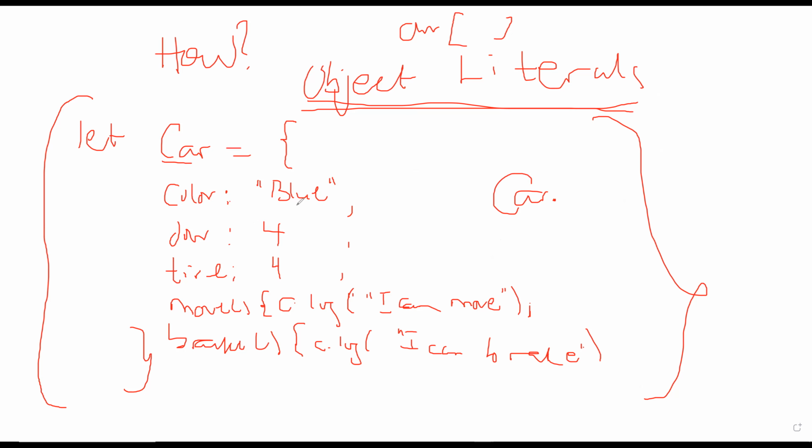If I want to call out the value of color, I will say car.color, and this will print out blue for me. Car.door, this will print out 4, and so on and so forth. And if I say car.move, remember it's a function, so that bracket operator must be there. So this will print out I can move.